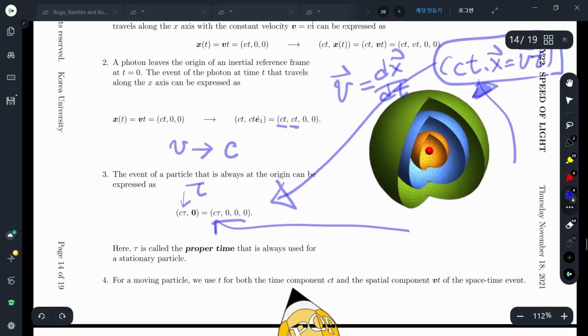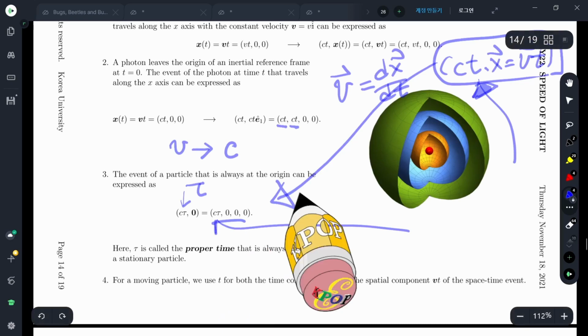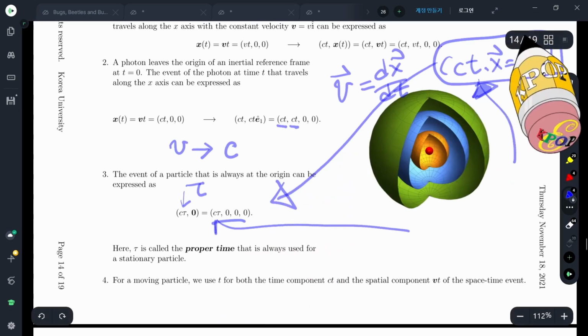By the way, if tau and t are the same, then we shall find that the Galilean transformation is also true for a particle just like a photon that is moving very fast, with the speed of light.